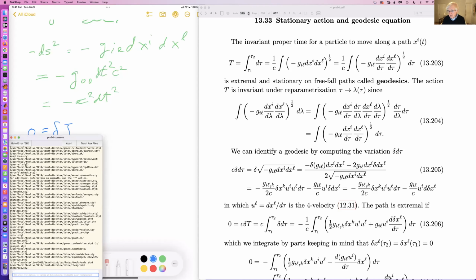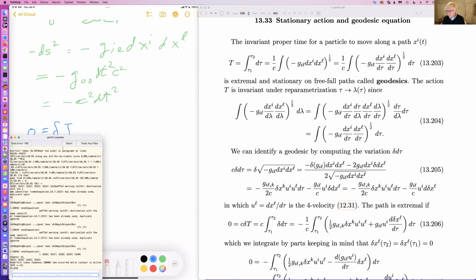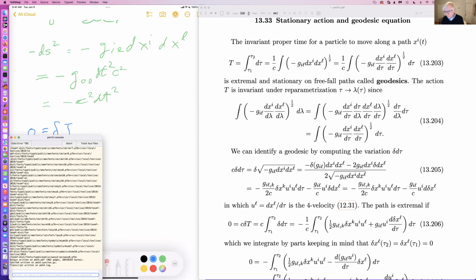All right, let me try to do that. Okay, so that part is right. And now I have to invert this one, and I can't find the damn 1/2 in this thing. You'd think it would be easy as pie. So let me just try this one more time.